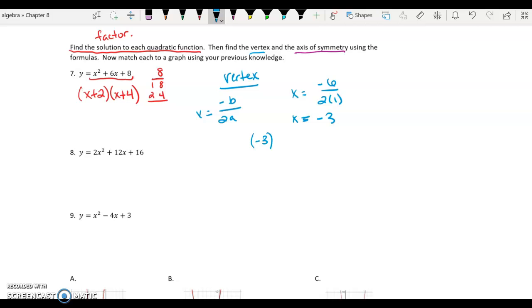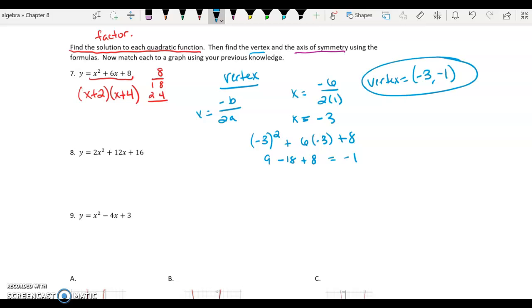So negative 3 squared plus 6 times negative 3 plus 8. You're going to get 9 minus 18 plus 8, which ends up being negative 1. So your vertex is negative 3, negative 1, which means my axis of symmetry, which I'm going to abbreviate as AOS, is x equals negative 3.